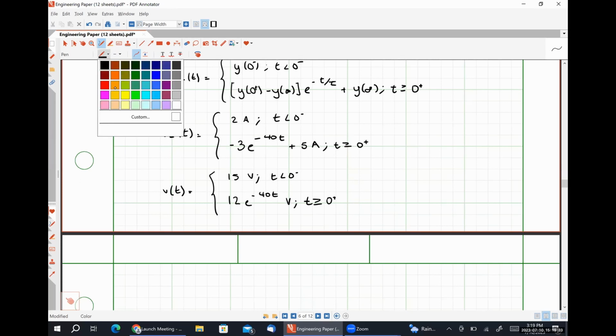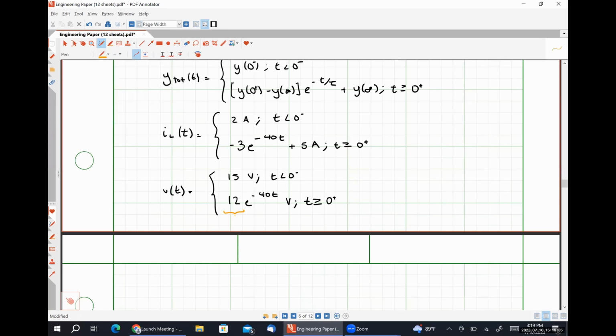And I'm just going to make a note here that this represents V at 0 plus minus V at infinity. Similarly, this -3 represents IL at 0 plus minus IL at infinity. I'm not just making up numbers here. We've just done the math to get a single coefficient outside of that exponential function there.